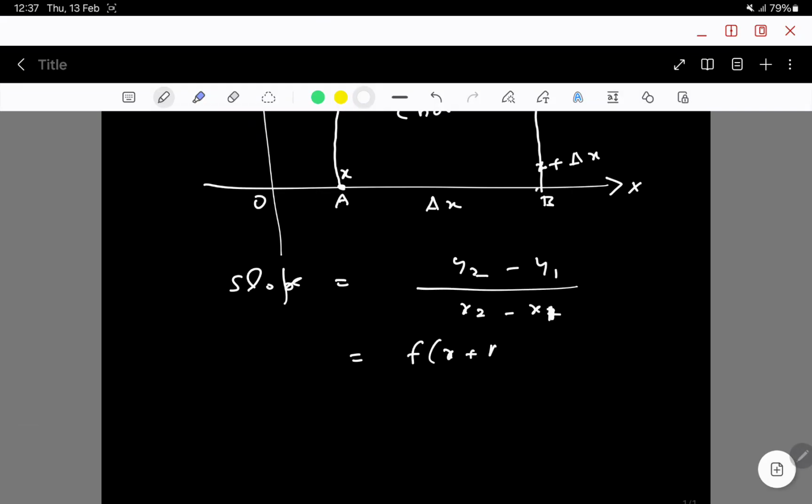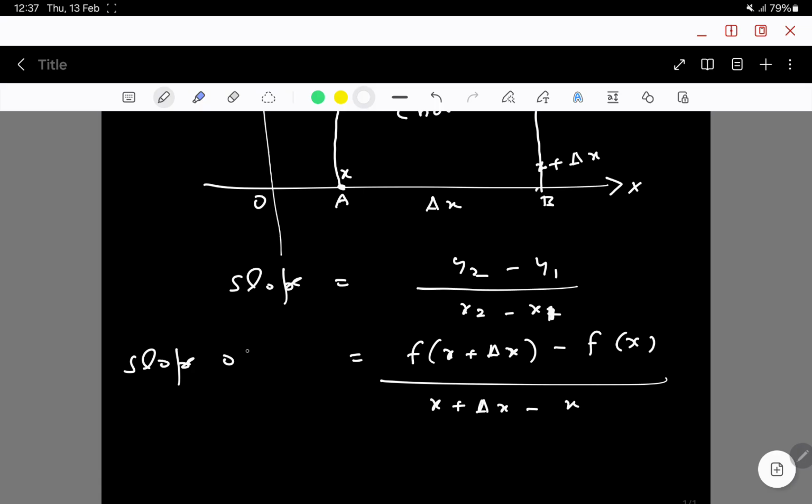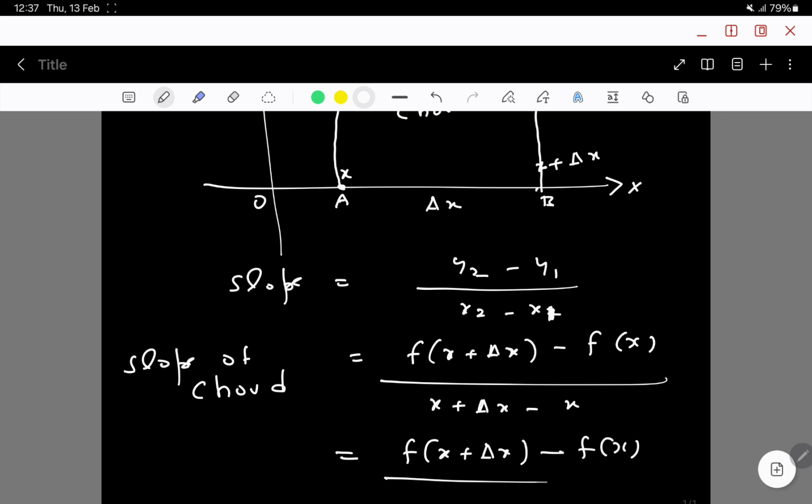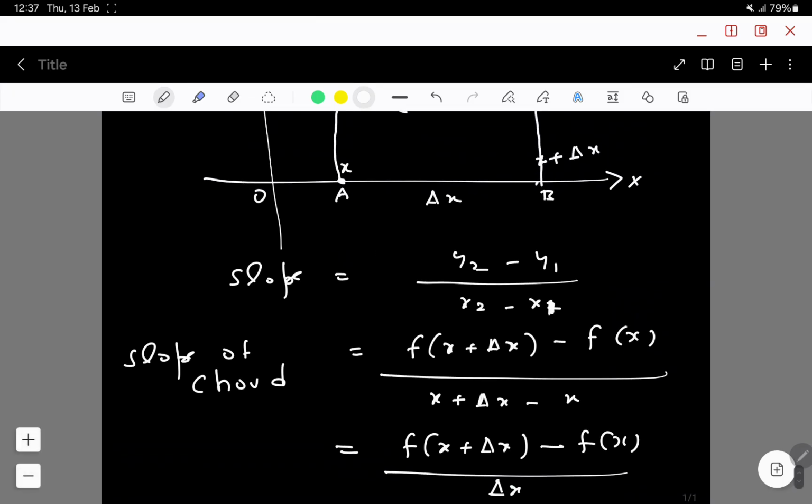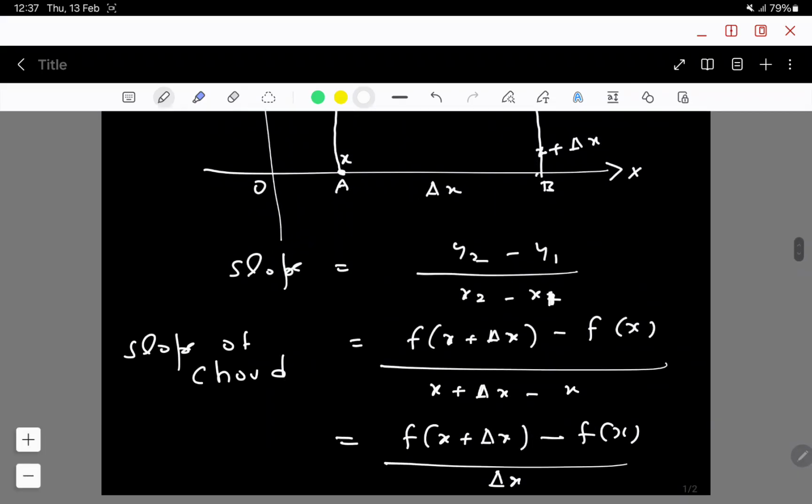So f of x plus delta x minus f of x, divided by x plus delta x minus x. This is called the slope of the chord. The x cancels in the denominator, so it becomes delta x. This is called the slope of the chord.